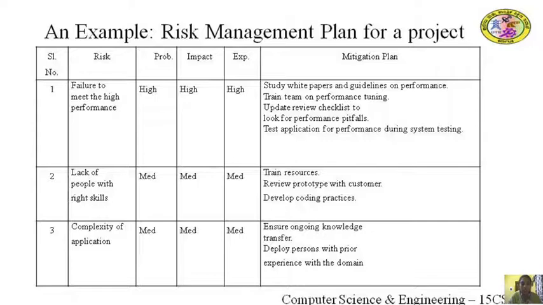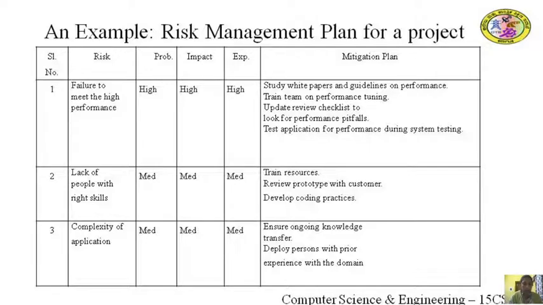So the mitigation plan is to study white papers and guidelines on performance, to train team members on performance tuning, to update review checklist to look for performance pitfalls, to test application for performance during system testing.